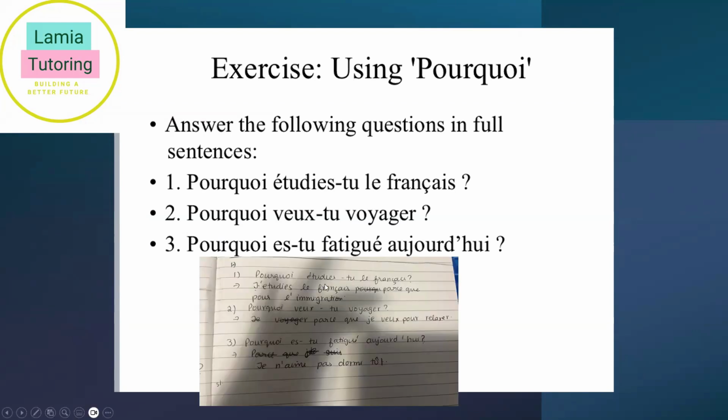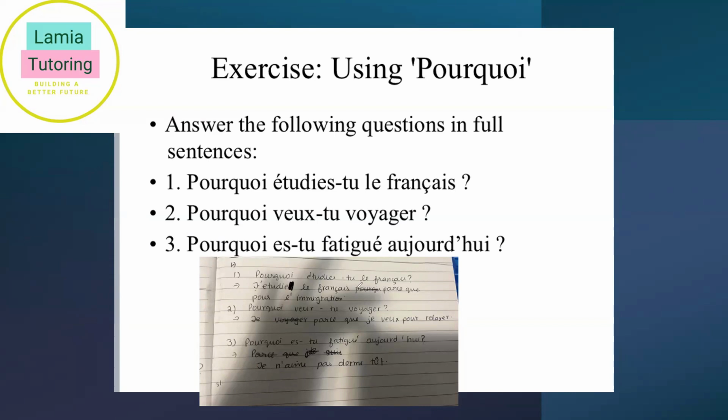So let's annotate. J'étudie le français. The only thing is j'étudie doesn't take an S in the first person. So this one, I'll just remove. Le français parce que, no, pour l'immigration.